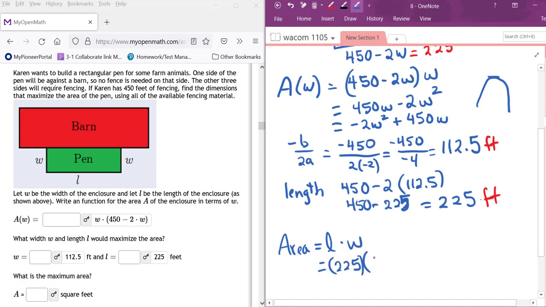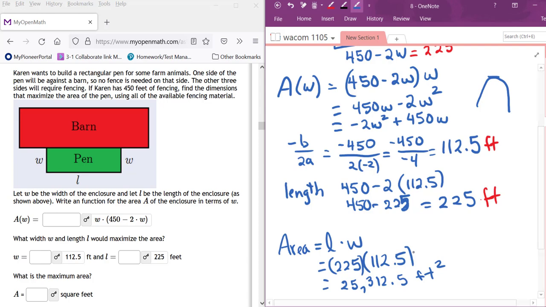Our width is 112.5. And if we multiply that, we get 25,312.5. And this is in square feet, because we did feet times feet. I think that's the fastest way to do it.